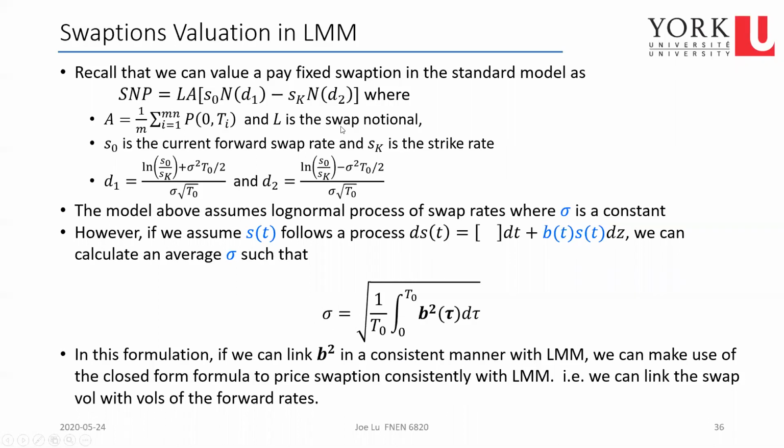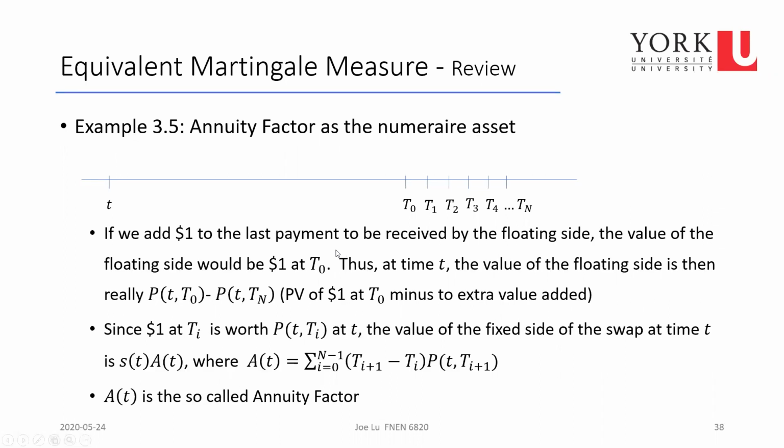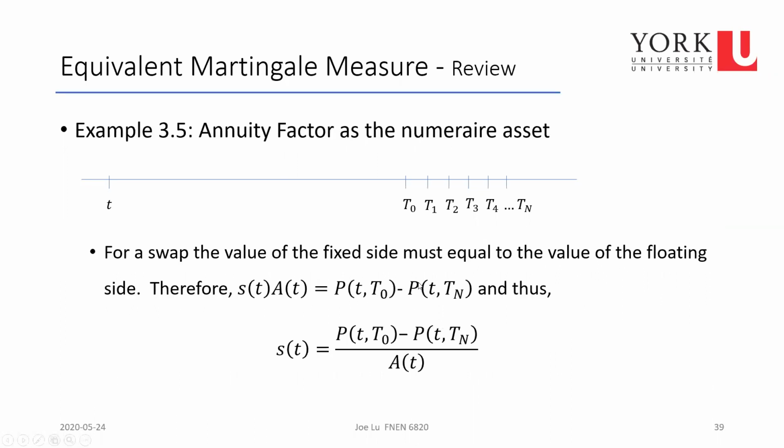So let's see how we can do that. Well, it's probably worth some review. Take a look at example 3.5 before in lecture 3 about using the annuity as numeraire, and how things have been derived and so on, right? So basically take a look at that.